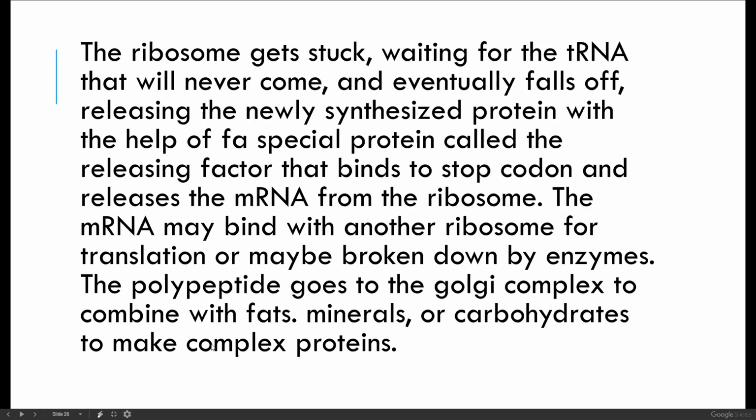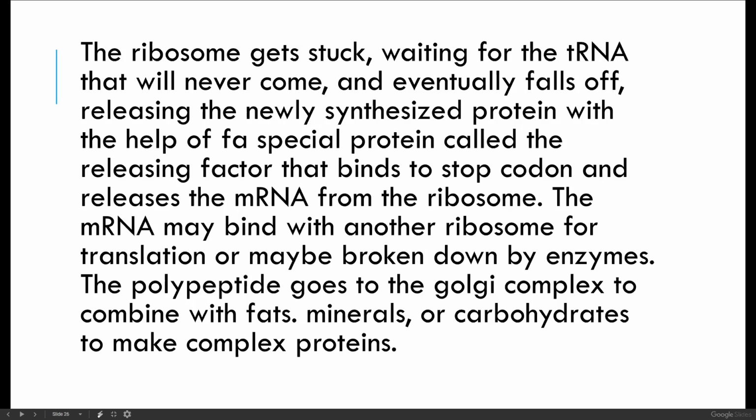The mRNA may now bind with another ribosome for translation, and may be broken down by enzymes. The polypeptide goes to the Golgi complex, or Golgi apparatus or Golgi bodies, to combine with fats, minerals, or carbohydrates to make complex proteins. Okay, we're talking about a lot of proteins here.